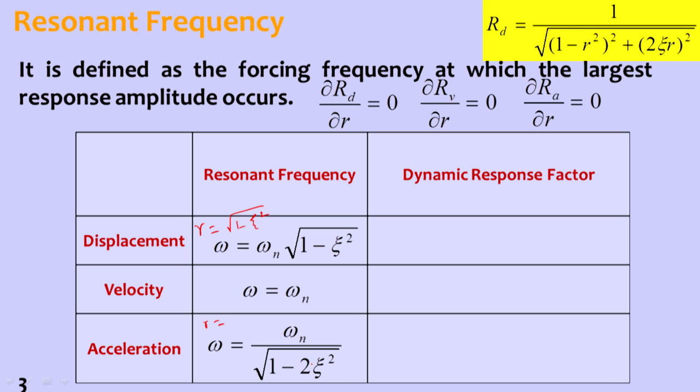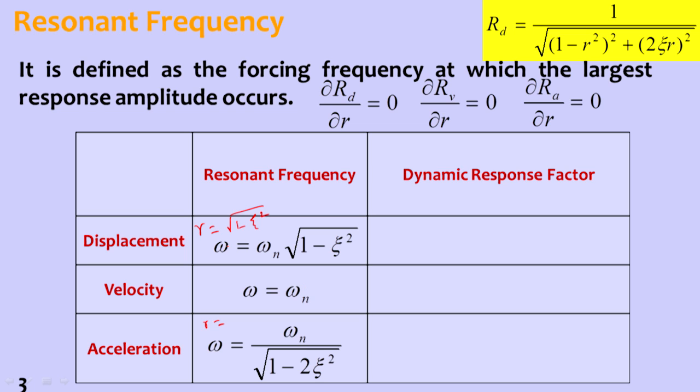In the displacement resonating condition, zeta is there. In the acceleration resonating condition also zeta is there, while in the velocity resonating condition it is insensitive to zeta. That means omega is equal to omega n, so R is equal to 1.